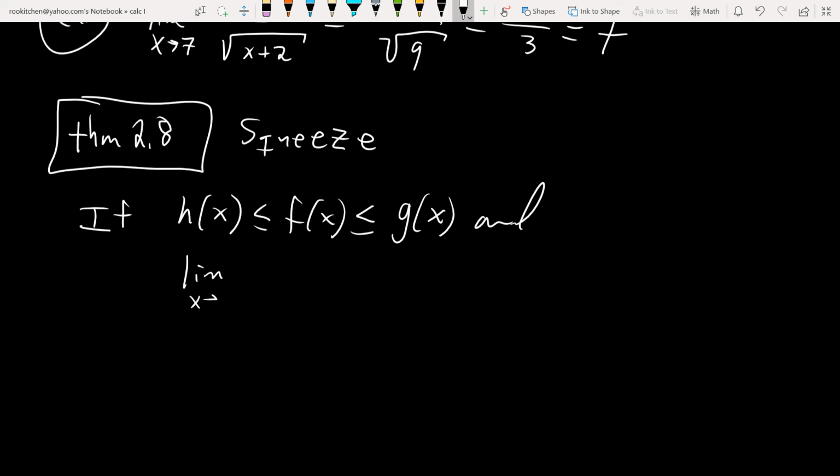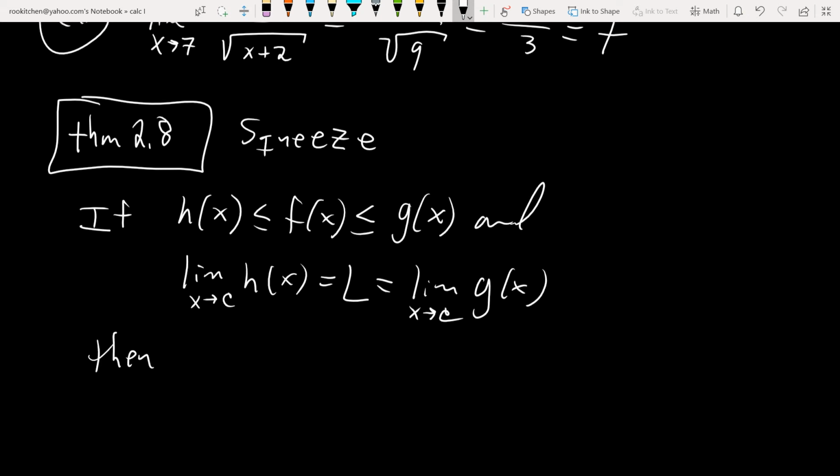So the limit as x goes to some constant c of h of x equals some number L, and then that equals the limit as x goes to c of this g of x thing. Okay. If that's true, then clearly the limit of the guy that's getting smushed in between is also going to be L. Okay. So once we get there, we're in a good place for proving at least the first one.